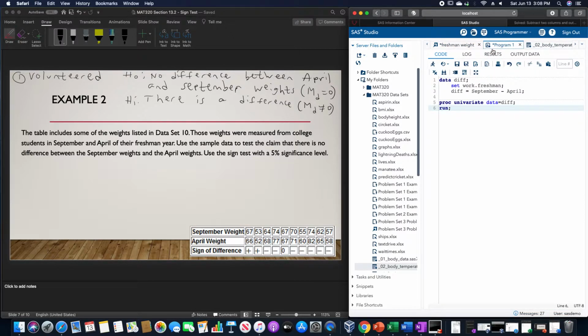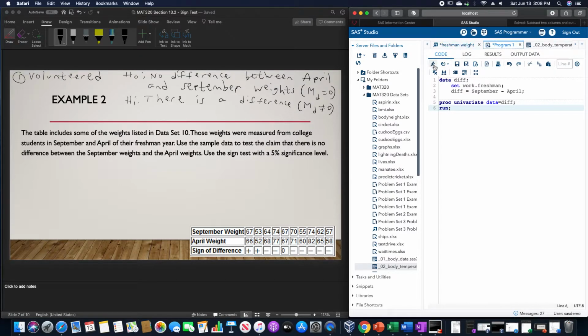If we put that into SAS, we could first subtract the September and April weights in order to get the differences for these different signs. So I did data diff set work.freshman, which is why I called the freshman weight data set. Diff would be equal to September minus April. And then proc univariate data equals diff, and then run.